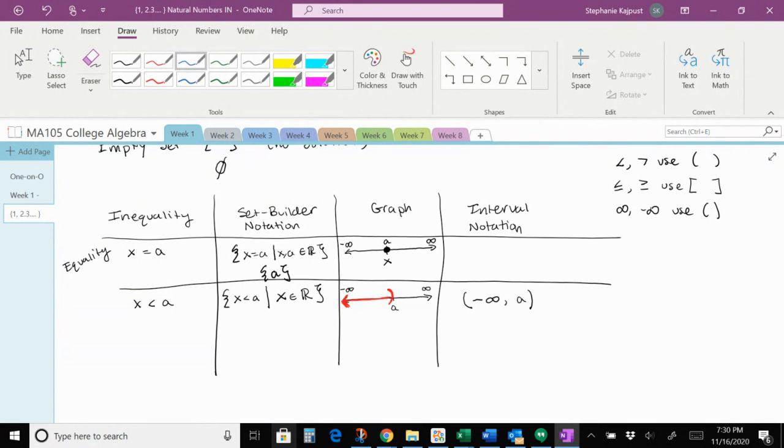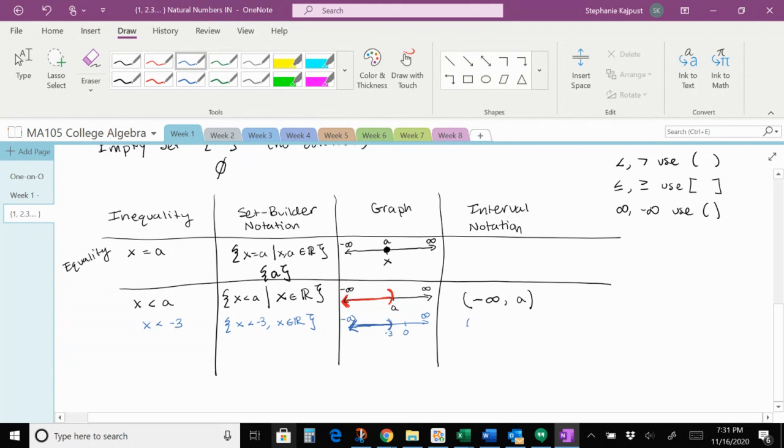An example of this with numbers is if you solved something and we had x is less than -3. We would have in set builder notation x is less than -3, where x is a real number. On the graph, I always put 0 on there, and then we would have -3, and then it's a parenthesis at -3, and then we shade.